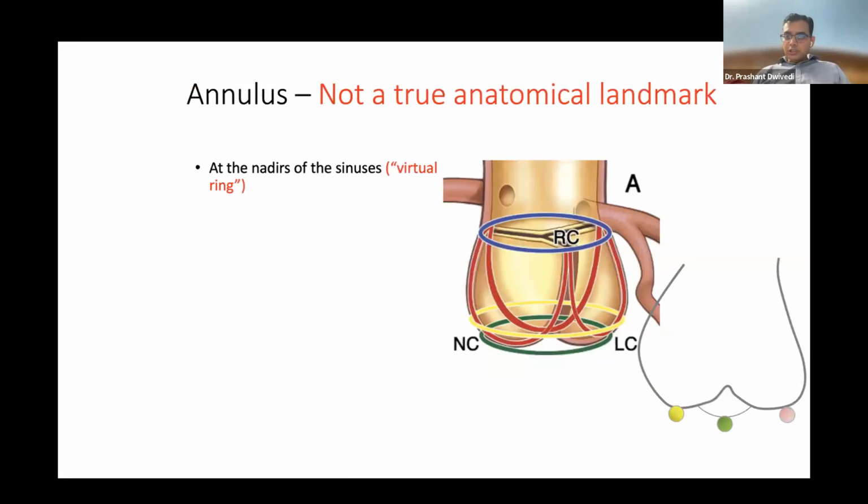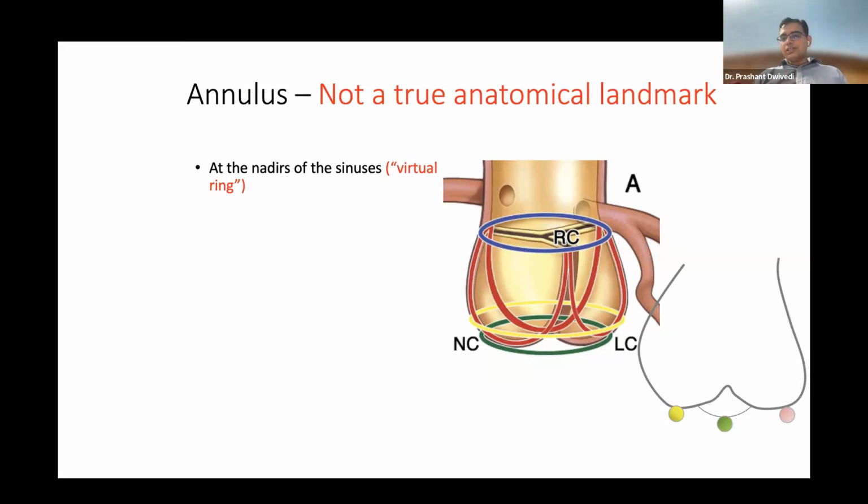In actual anatomical fact, the annulus is not a true anatomical landmark. It is a landmark which we derive through the CT scan analysis, because there is no true annulus. All three cusps of the aortic valve are not at the same level. Every patient has a different anatomy. There might be a possibility that the non-coronary cusp is slightly higher and the left coronary cusp is slightly lower.